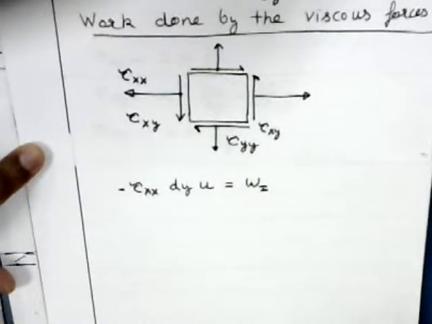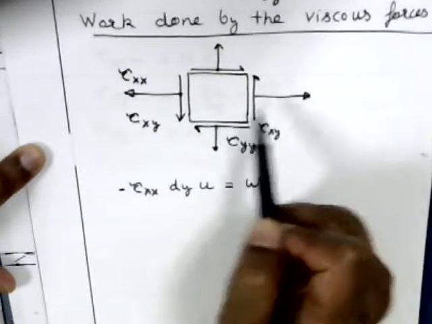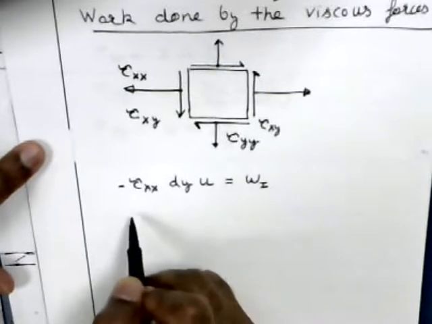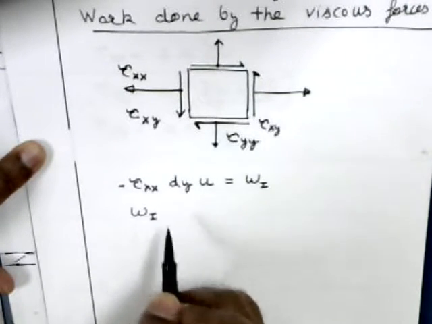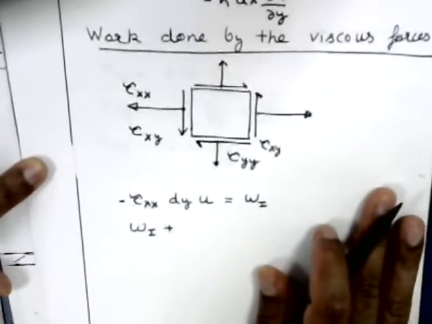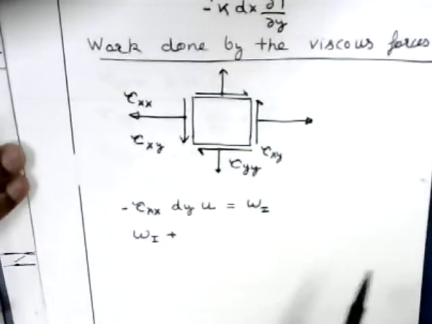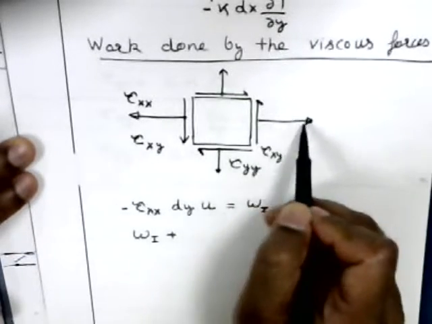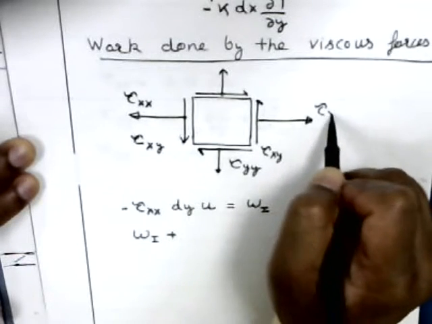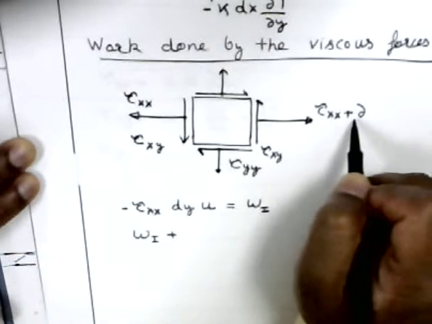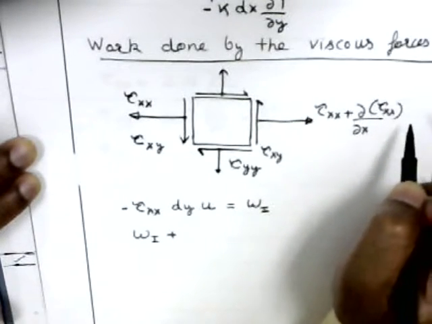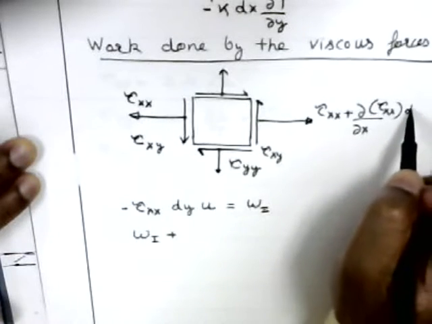Now the rate of work done by the force at the right face will be W1 plus... let me explain it more clearly. The viscous stress here, analogous to tau xx at this face, will be tau xx plus del x of tau xx times dx.